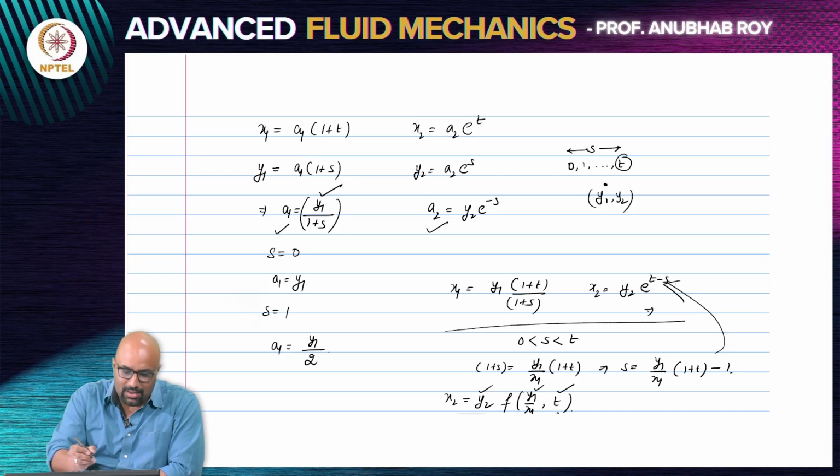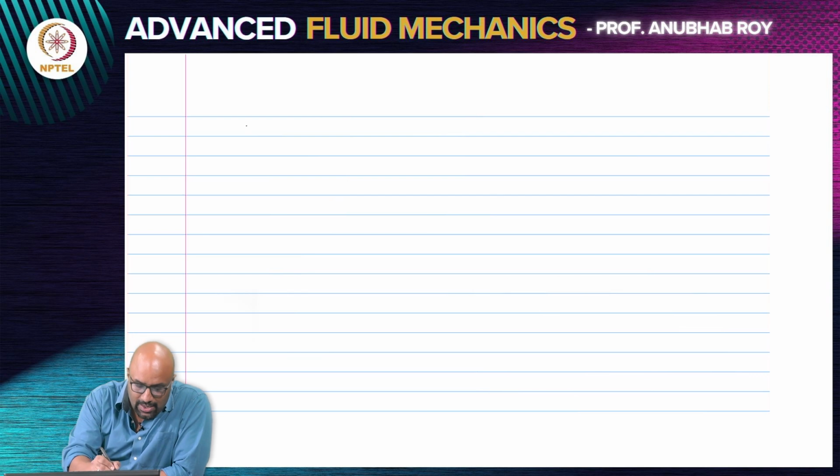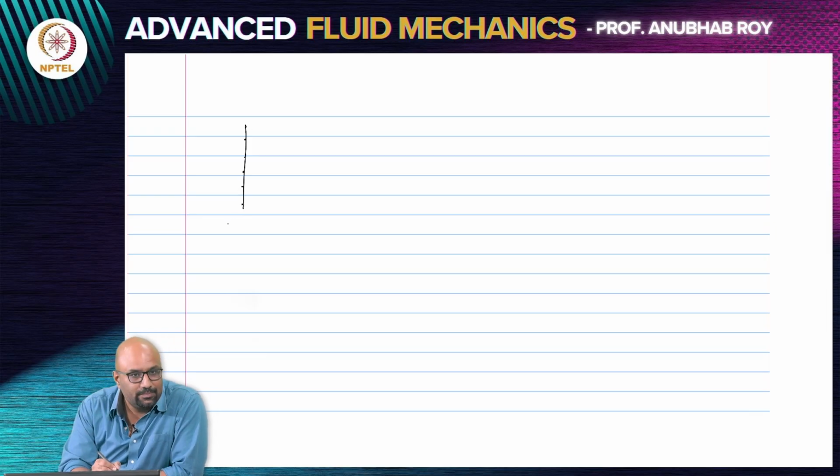The last bit, which is also going to take us to the next topic in terms of visualization, is that we have been talking about tracking individual fluid particles. Let's now think of fluid particles being released simultaneously in time, but at different locations in space. So what I have done here, I have drawn a line. Now you can draw a line in a fluid.